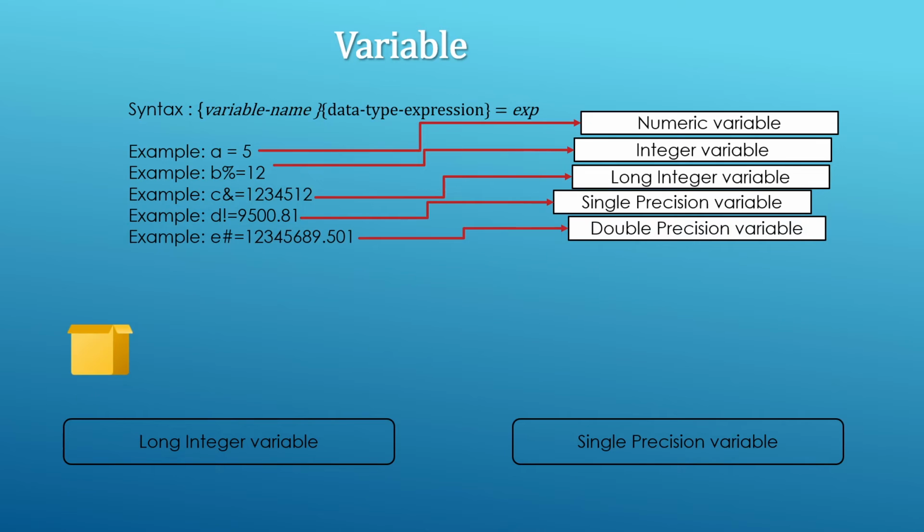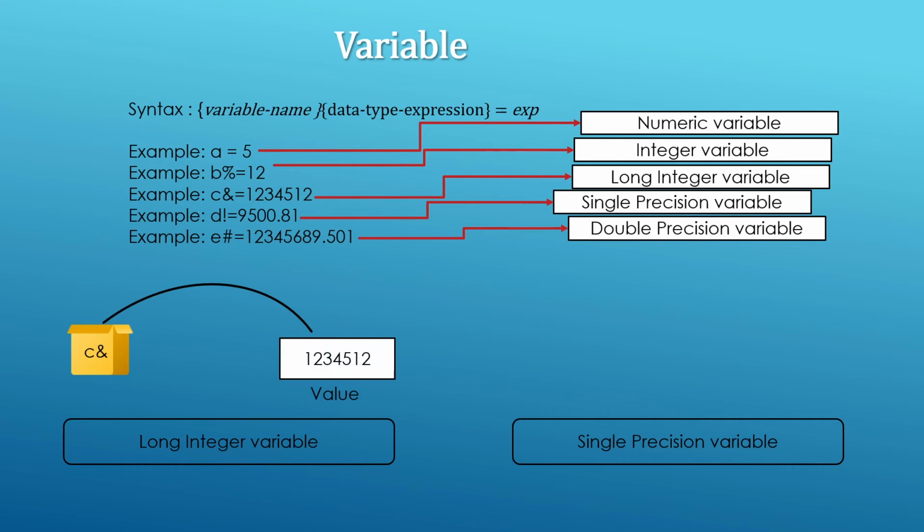Let me give an example of the variable. Let us assume this box is a variable where we can store. As I have told you before, the variable stores the value in the memory. So the box is the memory where we can store the value. The memory needs to have a name. Therefore, I have given the name C with the data type, which is the long integer variable.